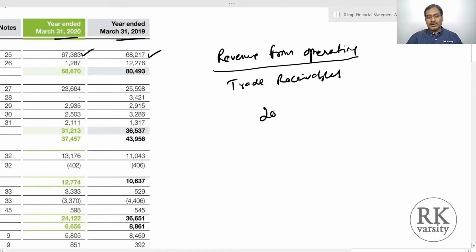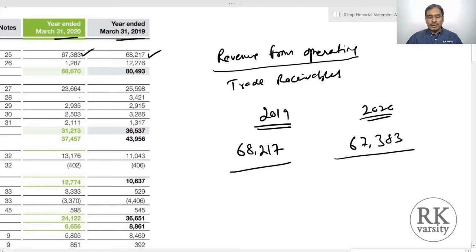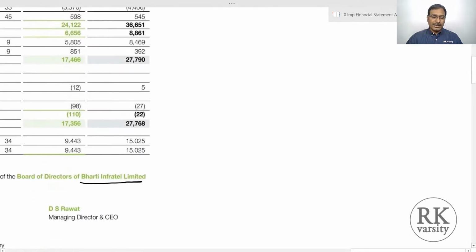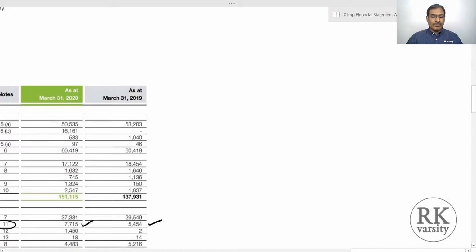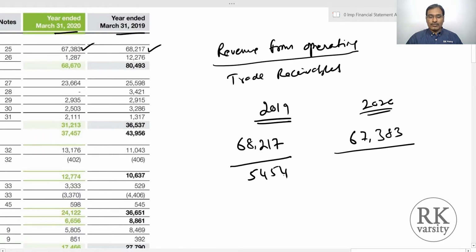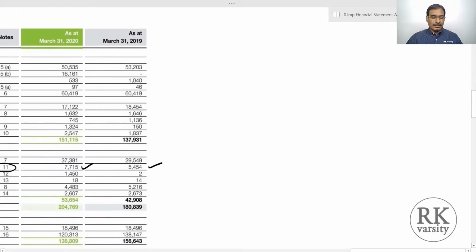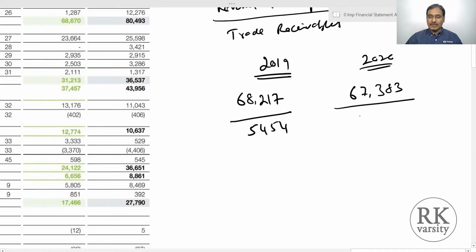So for 2019 and 2020, your revenue from operations are 68,217 million, and here 67,383 million. This upon your trade receivables, 5454 here, and 7715.